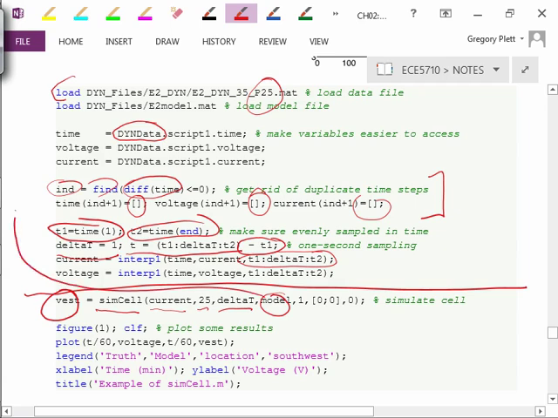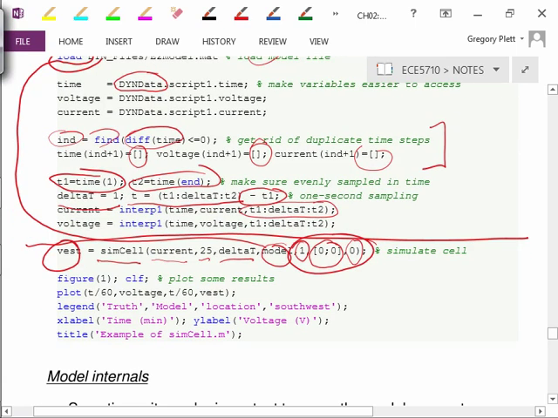Model is a structure that is loaded from e2model.mat, and it has all the ESC parameters in it. This is the initial state of charge of the simulation. I've got 2 RC time constants, so those are the initial resistor currents, and then this is the hysteresis initial state. So together these are the initial state, and that's all that I need in order to be able to simulate this cell. And it does, and it creates vest.